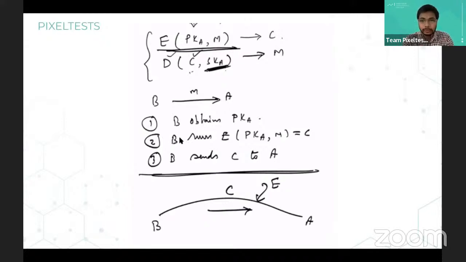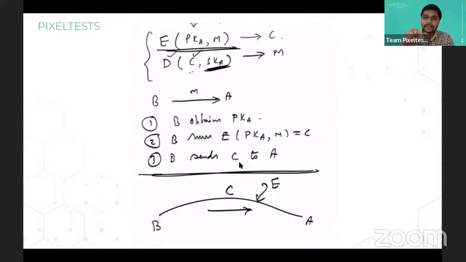So now B encrypts using the public key of A along with his own message, and then generates C. Then B sends C to A. He does not send the message, he sends C to A.